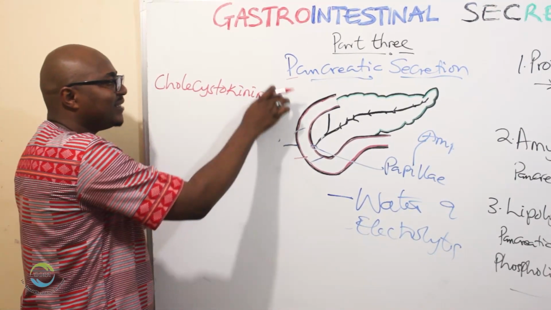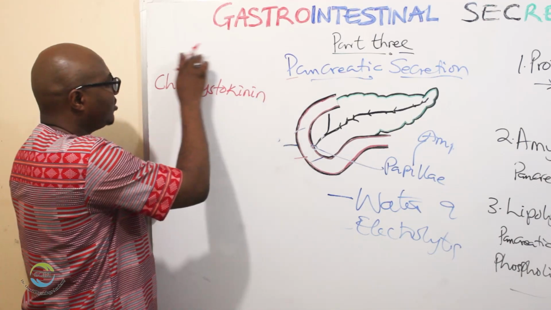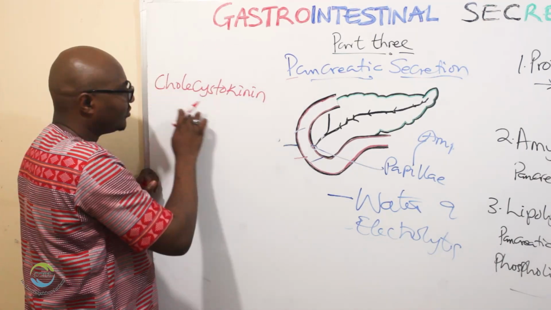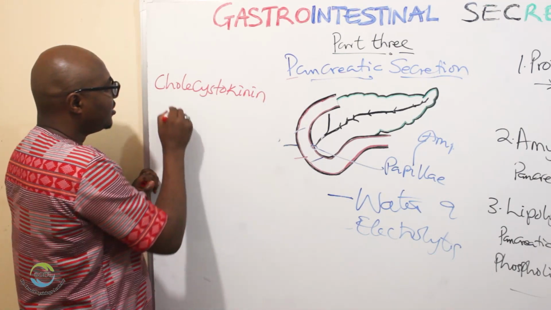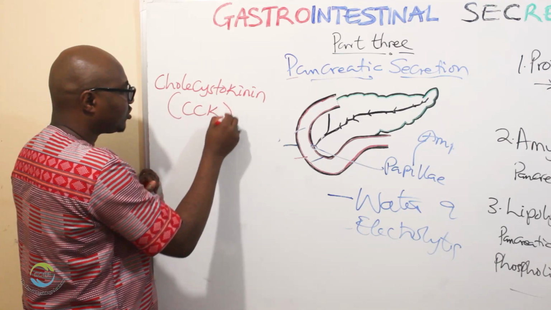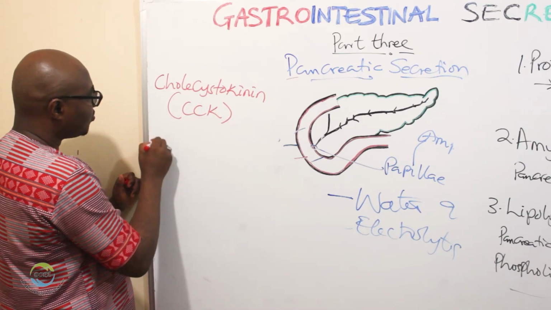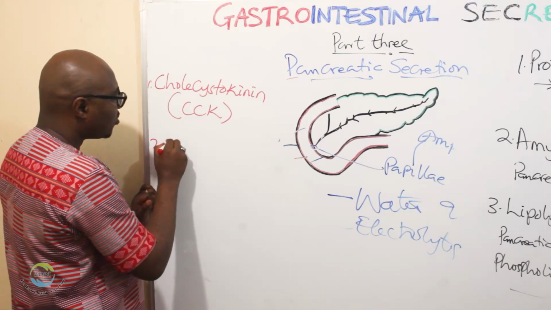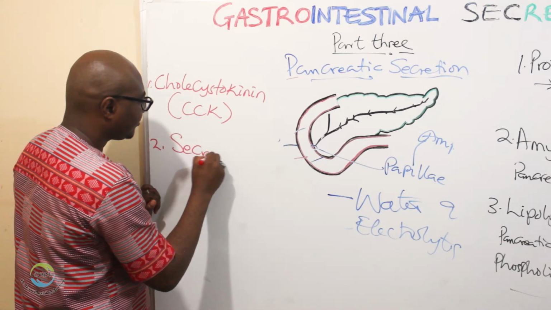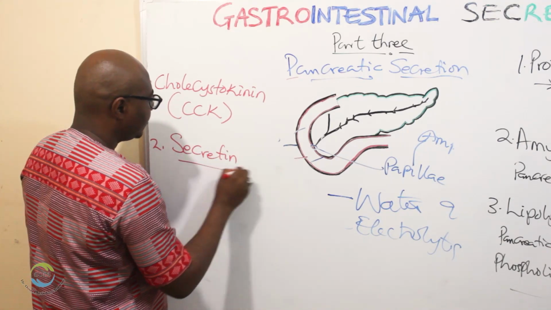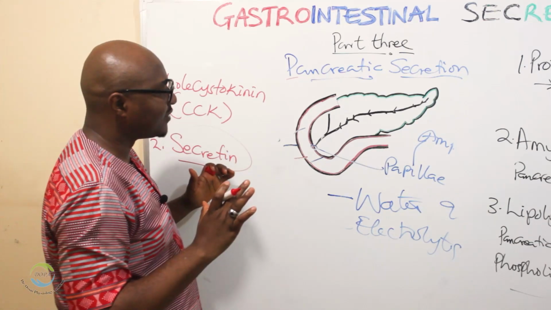It's secreted by the intestinal mucosa. Okay, intestinal mucosa cells. It's called CCK for short. There's another one, number 2, it's number 1, called secretin, also by the intestinal mucosa cells.